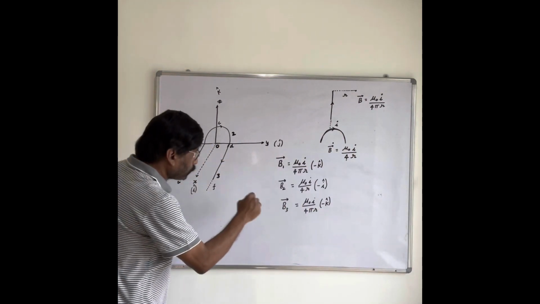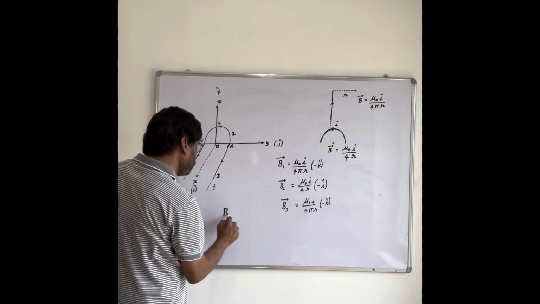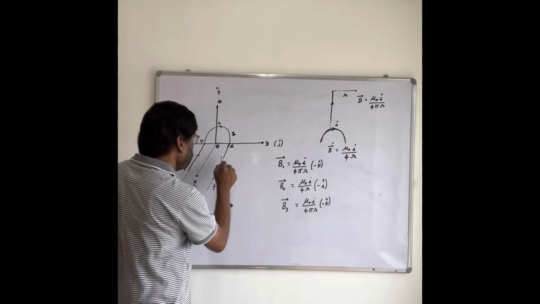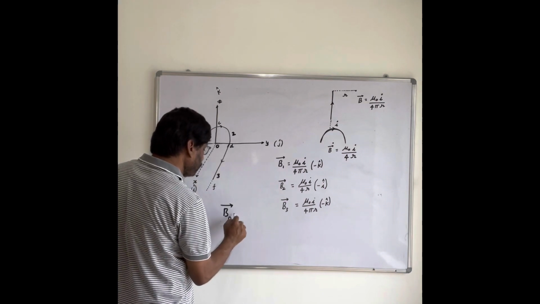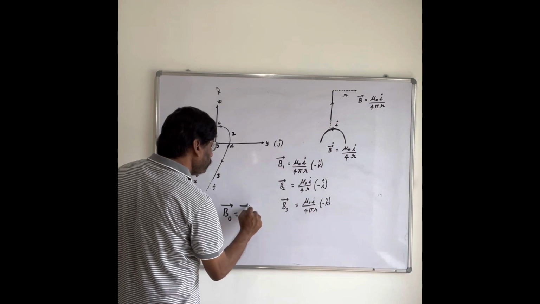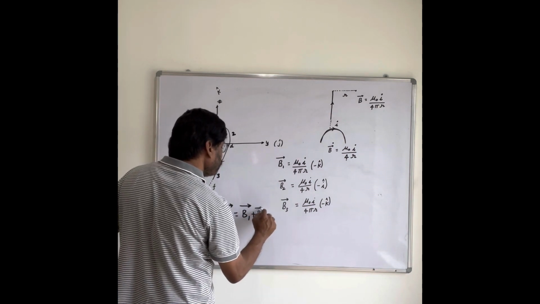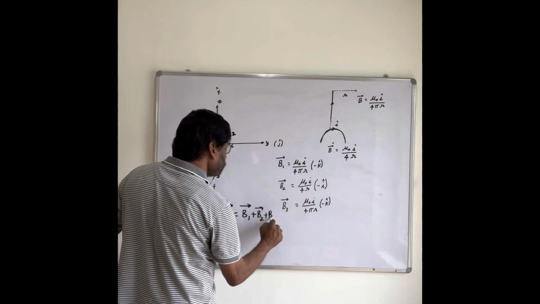Now, the total magnetic field due to all three parts: B at O, the magnetic field at the center O, is simply B1 plus B2 plus B3.